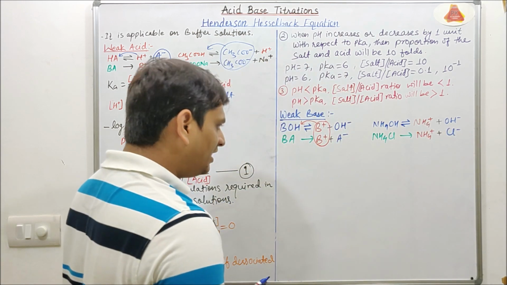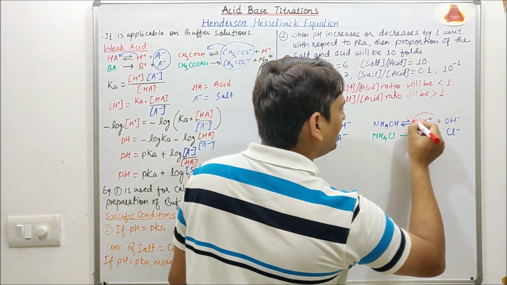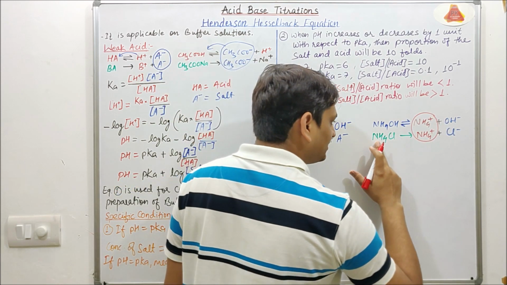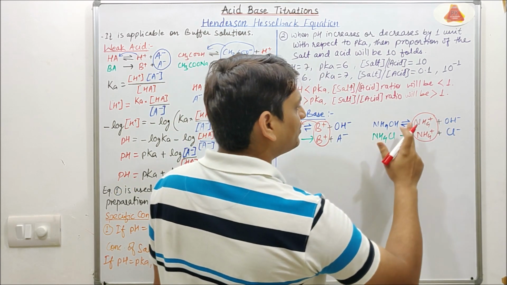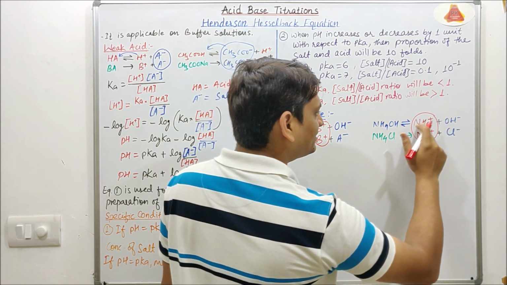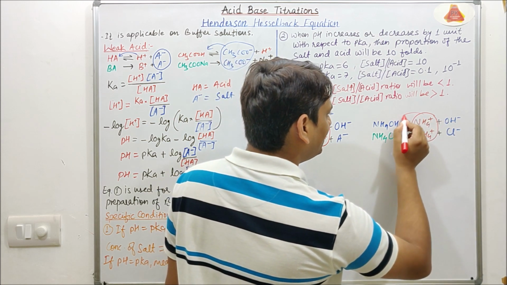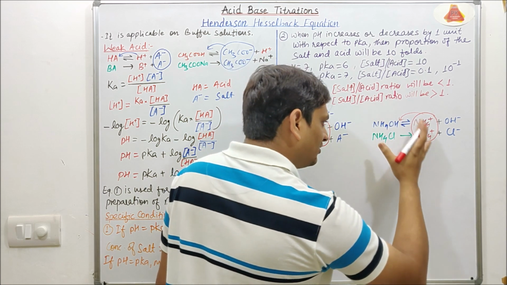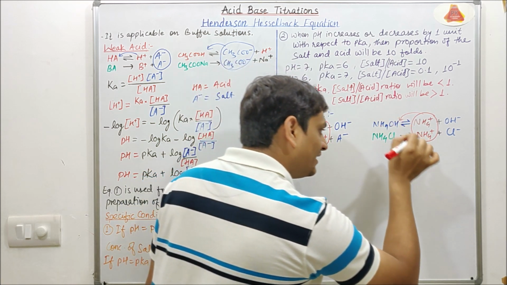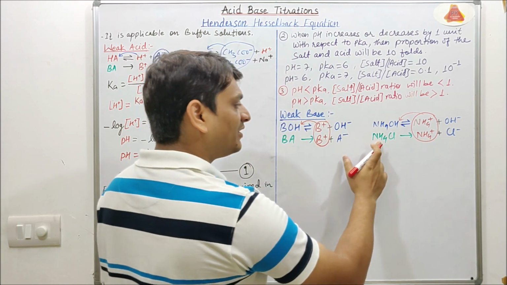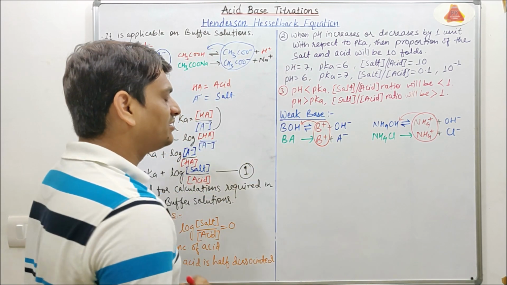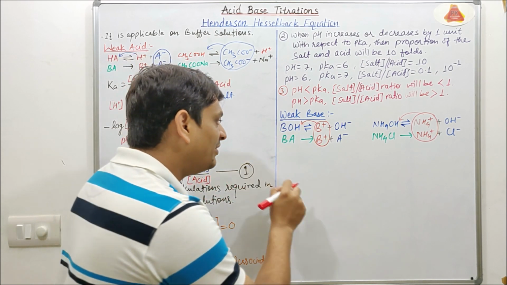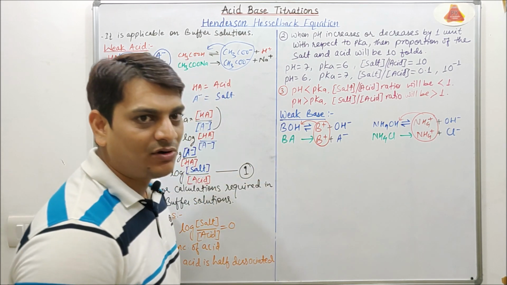So here you can see that we have NH4 plus ion as common. So due to this strong electrolyte, dissociation of the weak electrolyte's ion will be decreased and it will go towards the backward direction like this. So in this solution whatever NH4 ions are coming, that will be coming from this salt. Similarly in this solution also whatever B plus ions are coming, that will be coming from this BA salt.